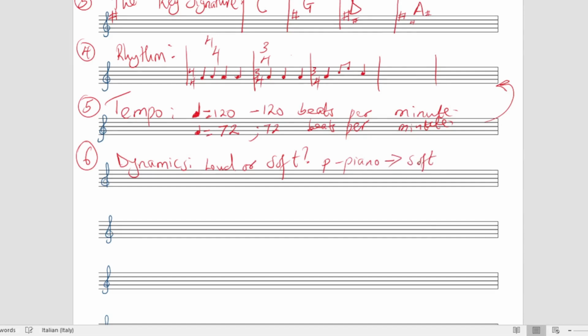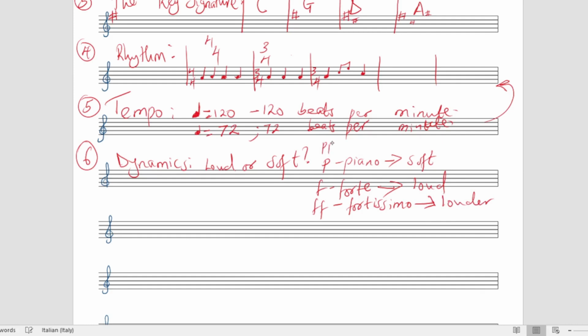So you play it softly. You could find F called forte. Its meaning is loud. You could also find FF called fortissimo. It's loud but louder than forte, so louder.